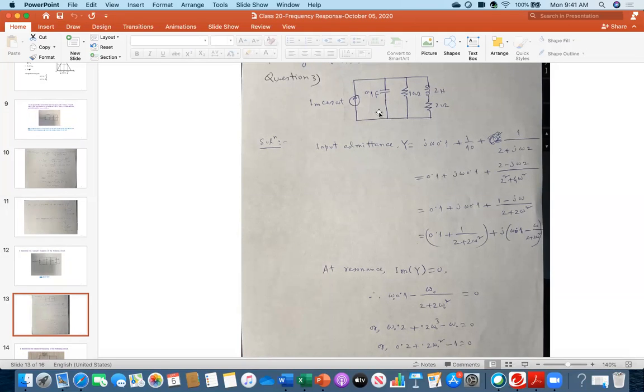It will be j omega C, because the impedance is 1 over jXC, then XC is 1 over omega C. So ultimately j omega C, this one, plus this is 10 ohm, so 1 over 10. And then plus this one. What is the series combination? What is the impedance? This is 2 plus j omega 2. And then I am making the admittance, so 1 over 2 plus j omega 2. Everybody, could you follow this, the expression of admittance?